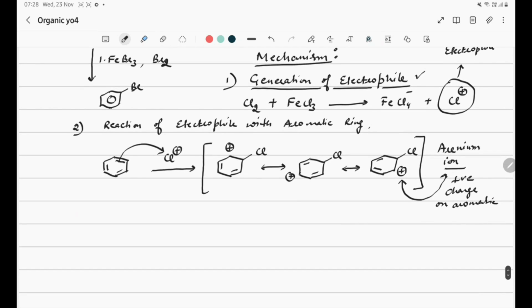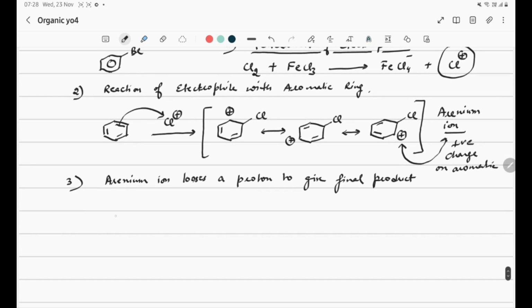So in the final step, the aryl ion loses a proton to give the final product. Let's have a look at what happens. Choose any of the above structures of the aryl ion. So this is positive, this is chlorine, this is hydrogen.